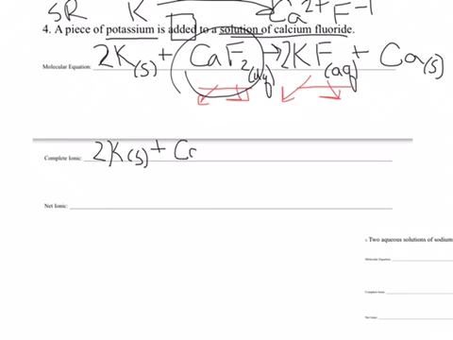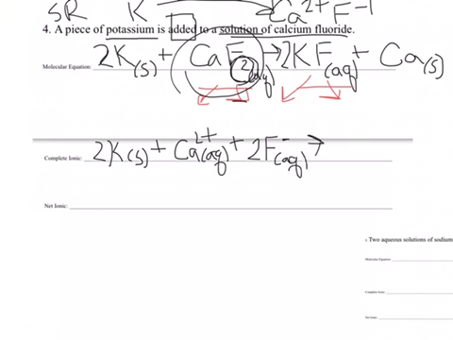So calcium is a +2, aqueous, plus we have to take our fluoride ion. Now notice this 2 right here. That's telling you you have 2 fluorides. So we're going to write that 2 in front of the fluoride ion, put its charge, and label that it's aqueous.